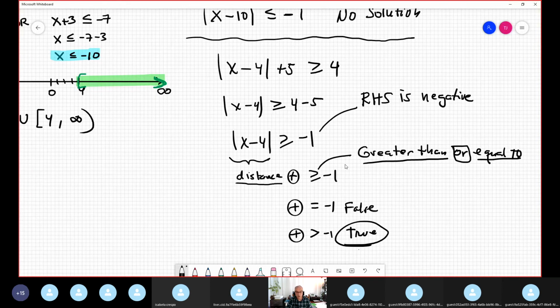Infinitely many solutions. That is, the solution is all real numbers. It's from negative infinity to positive infinity. Do you understand this or no? Yes. So be careful. Inequality is a little bit picky and complicated. When you have a negative number on the right hand side, and it is less than, definitely we have no solution. But when it's greater than, we have infinitely many solutions, which is all real numbers.